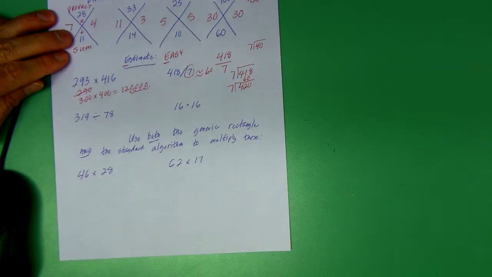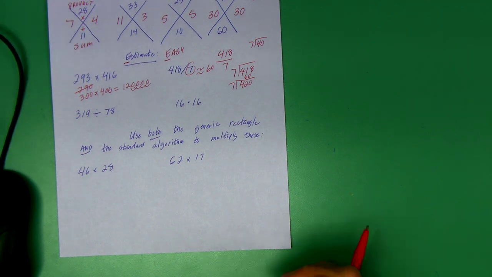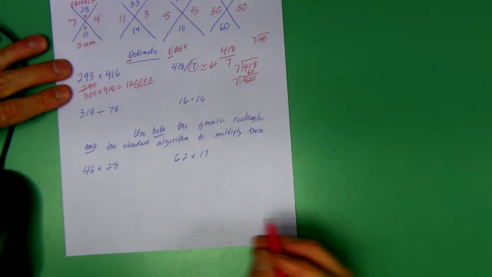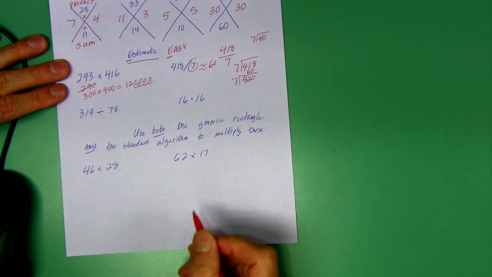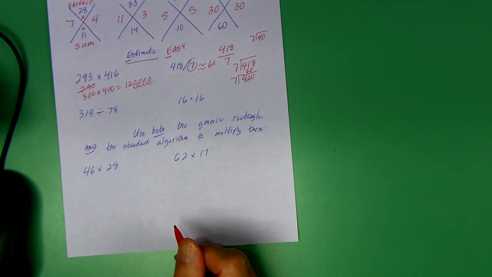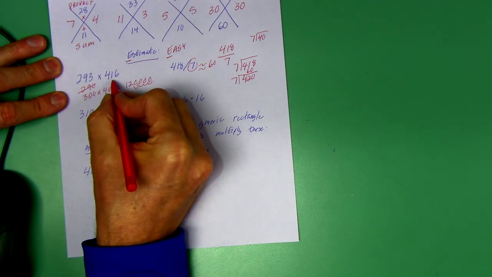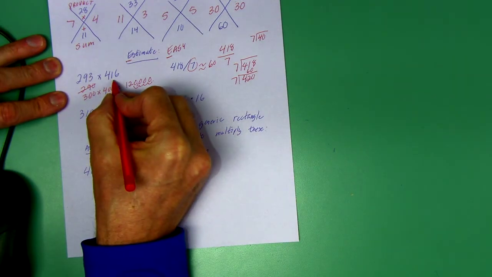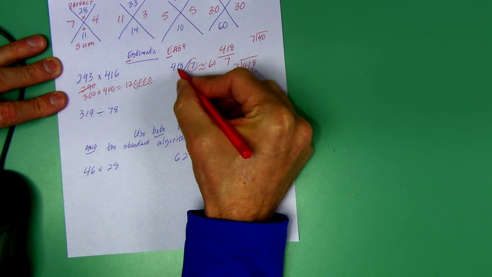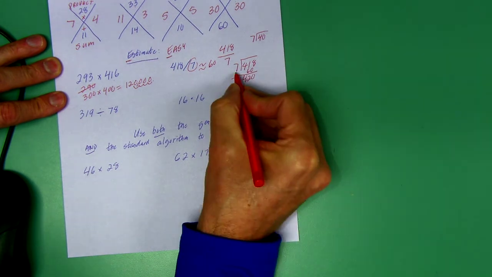When we round to estimate, we round different ways depending on what we're doing. When you divide, you're looking for numbers that fit together well. It's more important than nice, easy, round numbers like when you multiply. So here we rounded this to 400, but here we rounded this to 420. And we don't mess with that 7. It's a single digit.